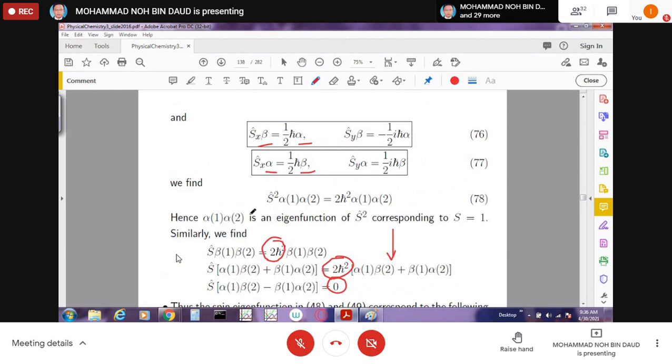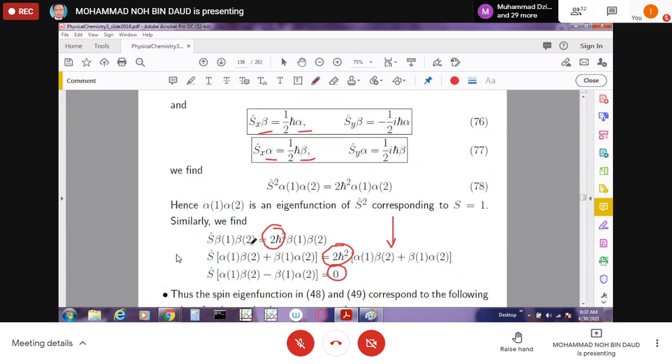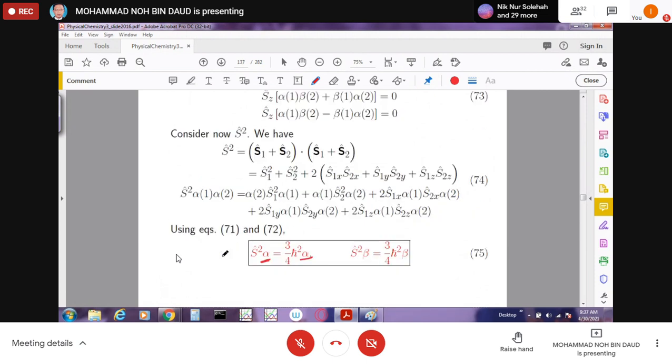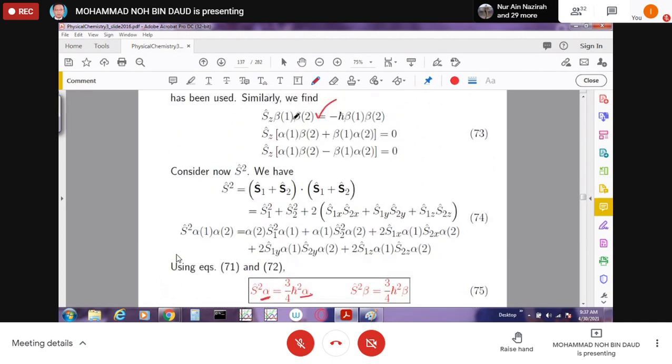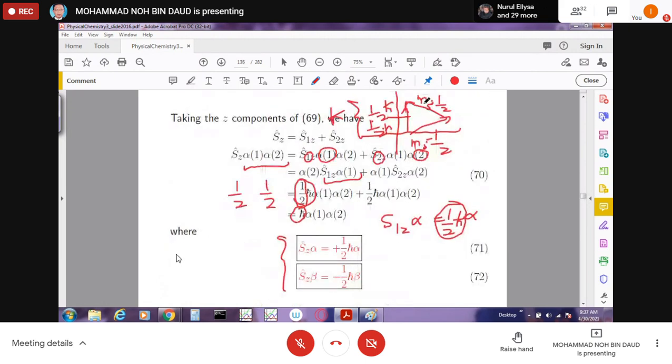Oh sorry, this is not the Sz, this is the S square. So the Sz here, negative, the net vector here is negative, negative half. And also for this vector, both here, positive half.